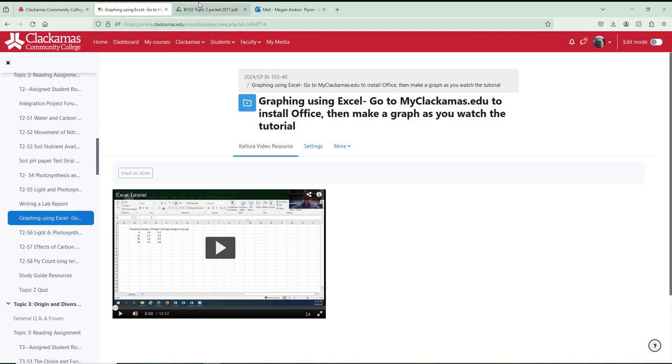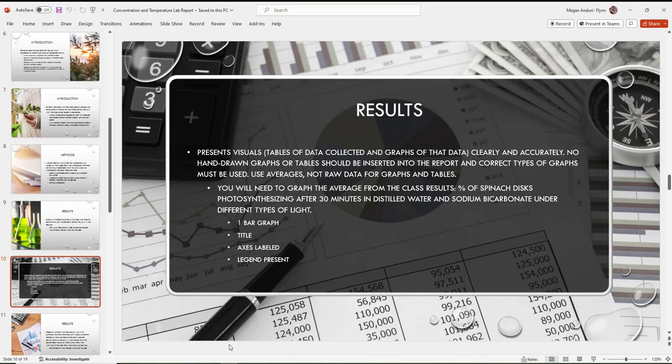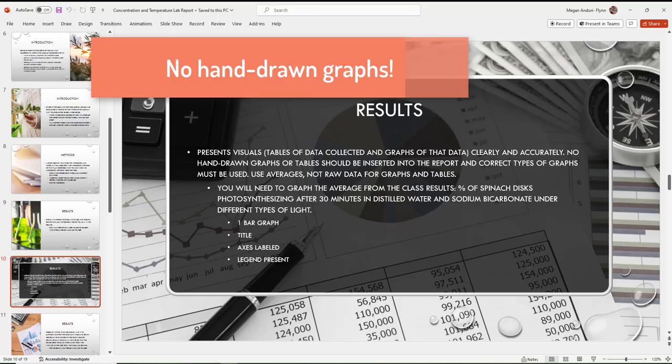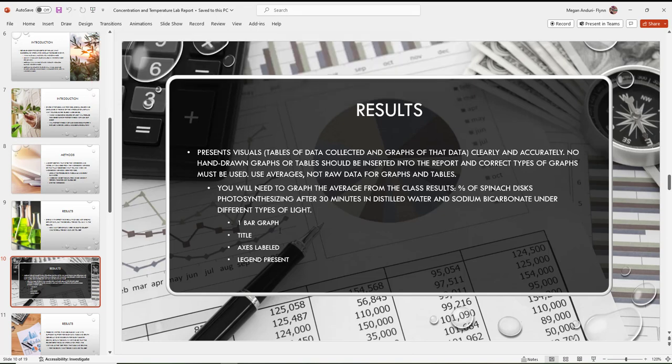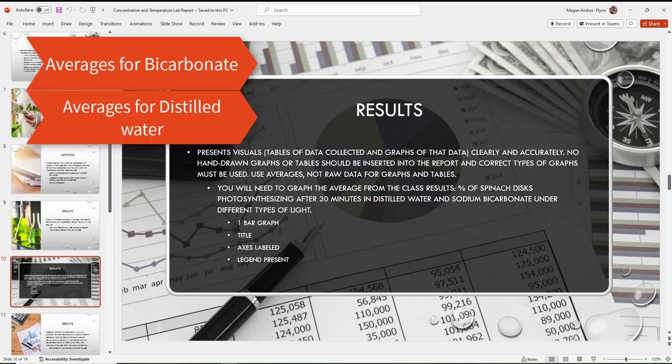Now you've got to make it into a nice, professional looking graph, okay? So once you make it into a nice professional looking graph, then you've got to make sure that it's all together in one bar graph.